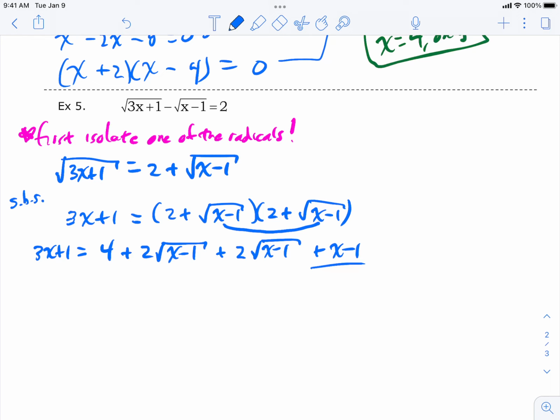Okay, so where are we now? The left side is still a 3x plus 1. At the moment, I've got a 4. Notice these are like terms. 2 thingies plus 2 thingies makes 4 thingies. So I got 4 thingies, like that. I still get this plus x minus 1. Well, we still have a radical in our equation.